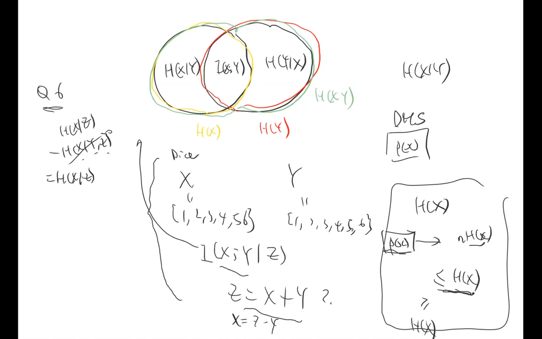So this is maybe the starting point. Then if I have H(X|Z), you can compute it in multiple ways. Let's see what the easiest way is.